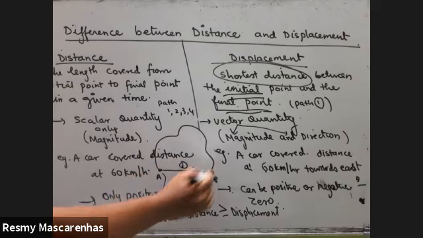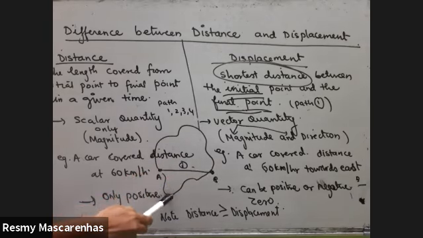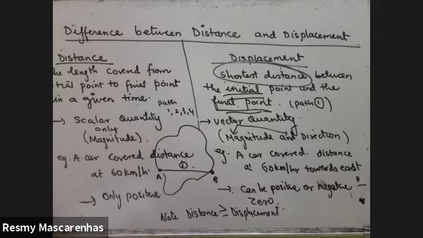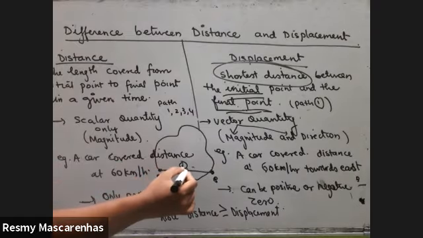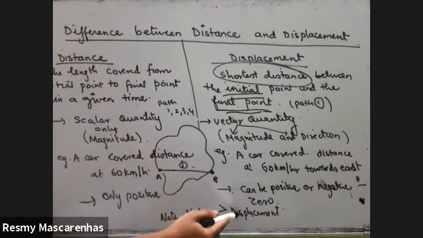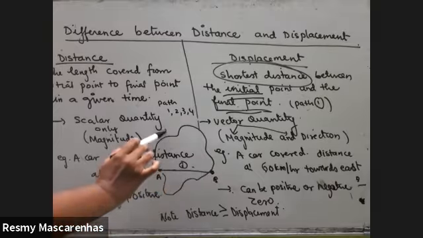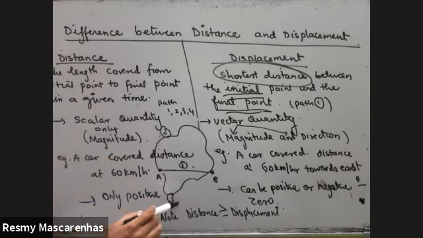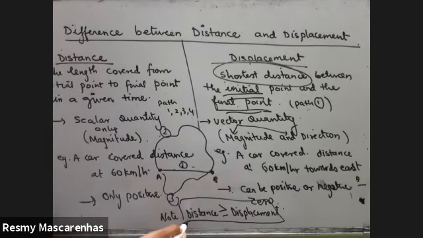No matter where you go, if you compare, distance is always more than your displacement or equal to it, because even path 1 is a distance, no? So in path 1, distance will be equal to displacement. In path 2, distance is more than displacement. Even in path 3, distance is more than your displacement. So note, distance should always be greater than or equal to displacement.